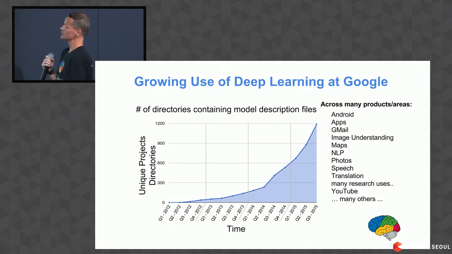So it's now 1,200 and more directories just at Google with TensorFlow or DistBelief code. So it's used in Android, in apps, in Gmail, in image understanding, in maps, for NLP projects, for photos, for speech, for translation, for YouTube. I mean, it's unbelievable how many applications there are. And many of those, of course, it doesn't have to be Google, right? It could be anywhere in your startups and whatnot.